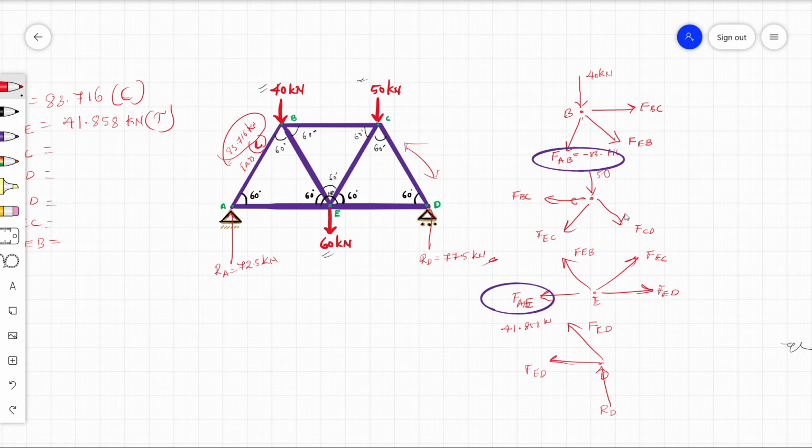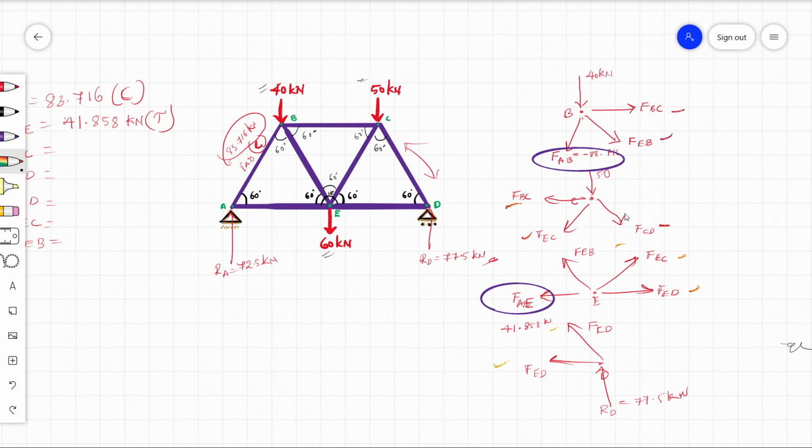But we know the value of RD, which we have found as 77.5 kilonewton. So which of these has fewer variables? You can see here, this one has 1, 2, this one has 1, 2, 3, this one has 1, 2, 3, and this one has 1 and 2.